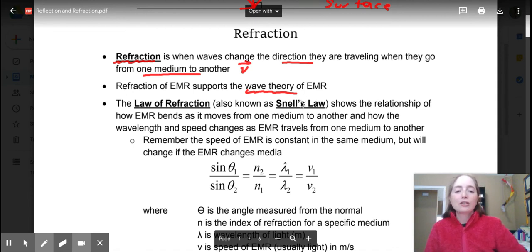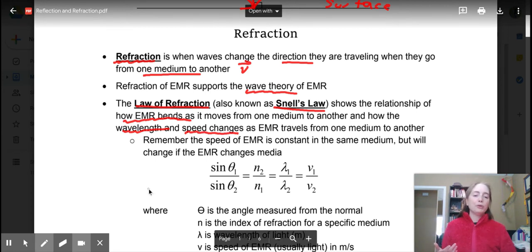The law of refraction is also called Snell's law, and it's how EMR is going to bend. So how the wavelength and the speed are all going to change when it moves from one medium to another. The speed of EMR is constant in the same medium, but it changes if it goes into different media.